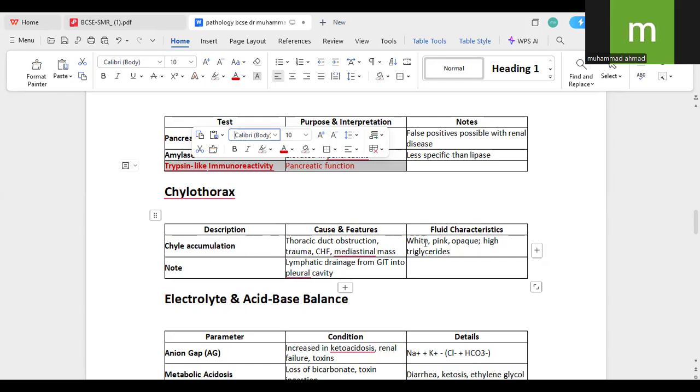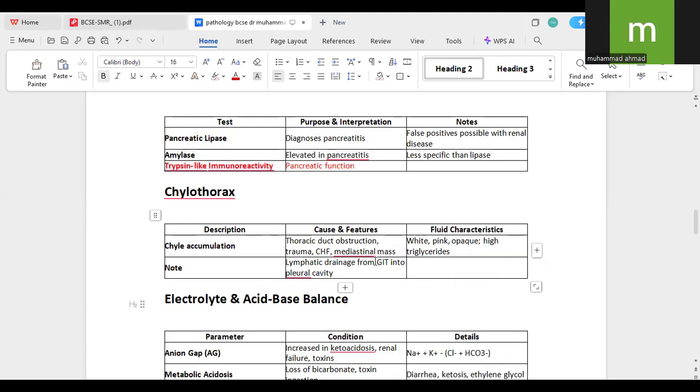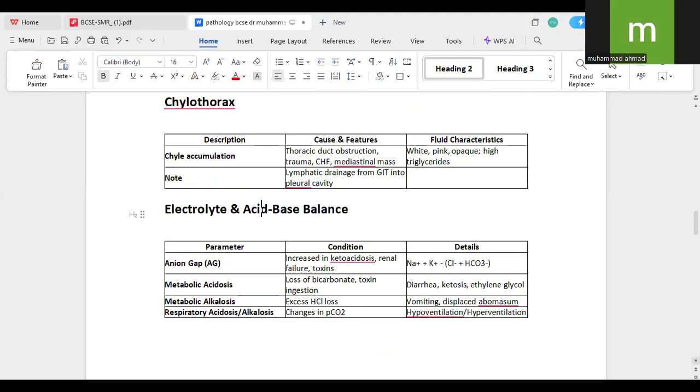These are basically white, pink, opaque, high triglyceride, high fat, white, pinkish milk. Lymphatic drainage from the GIT goes into the pleural cavity. If this drainage is blocked, you can see the accumulation of chyle in the thoracic cavity around the lungs.